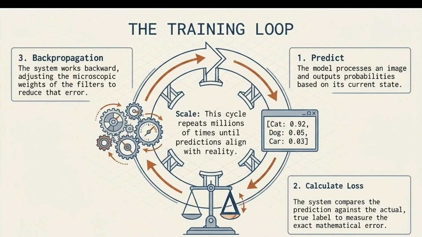The training loop. This particular training repeats millions of times until the predictions align with reality, such that the accuracy of the model reaches the performance which we desire. So, while the training is undergoing, the model makes a prediction and outputs the probabilities based on its current state.